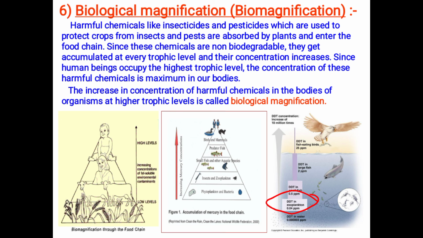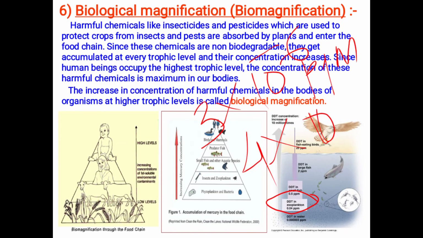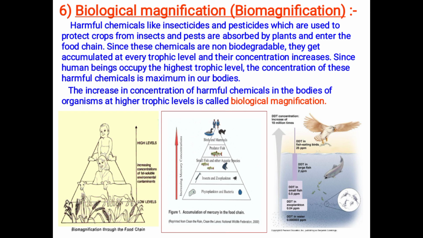So when you see the DDT in zooplankton, from 3 into 10 raised to minus 6 ppm, it increased to 4 into 10 raised to minus 2 ppm. So 4 into 10 raised to minus 2 ppm is more than 3 into 10 raised to minus 6 ppm, right? So what is happening to DDT here? DDT is increasing. Now, these small animals will be eaten by small fishes.